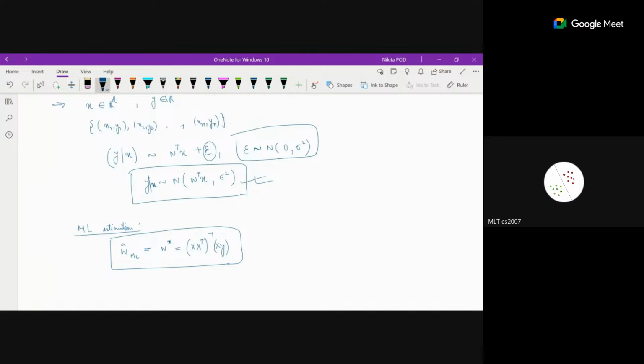So if these W's are going to be random, what we can check from here is that this was with respect to a particular data set. Now you change your y, you keep getting different w's.